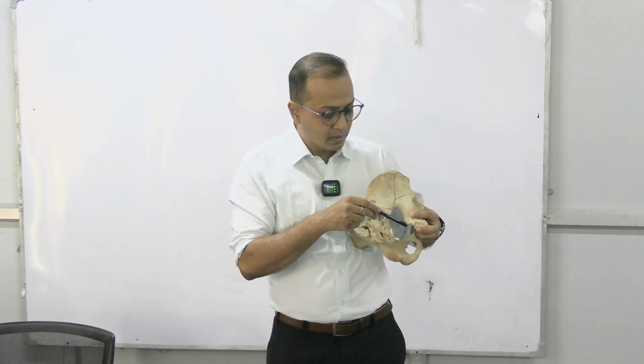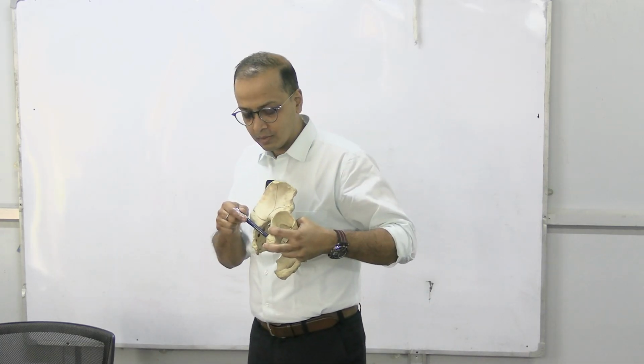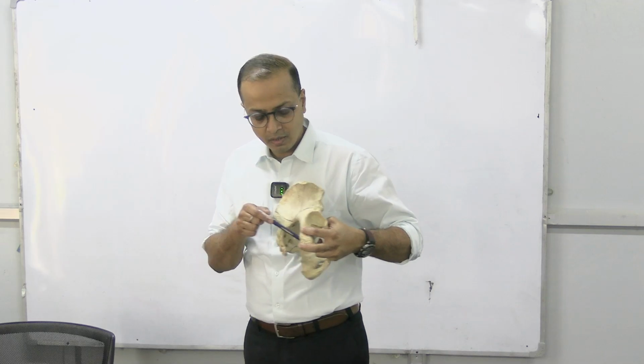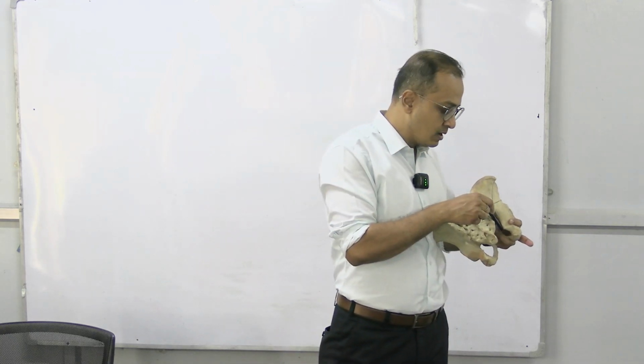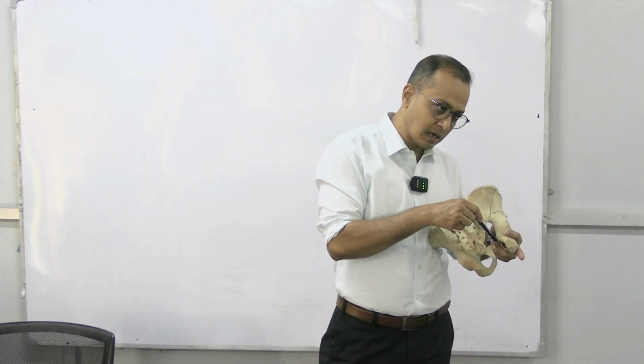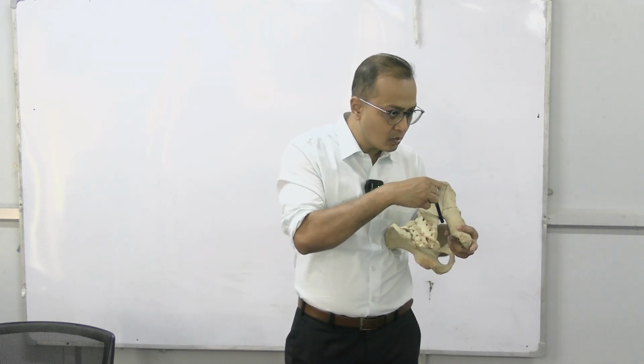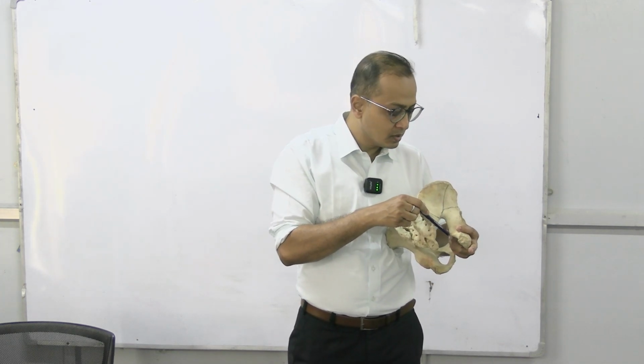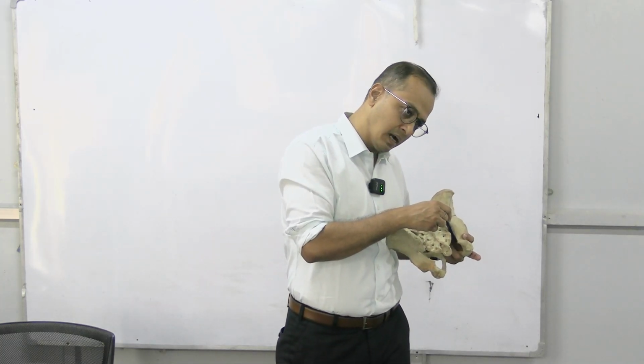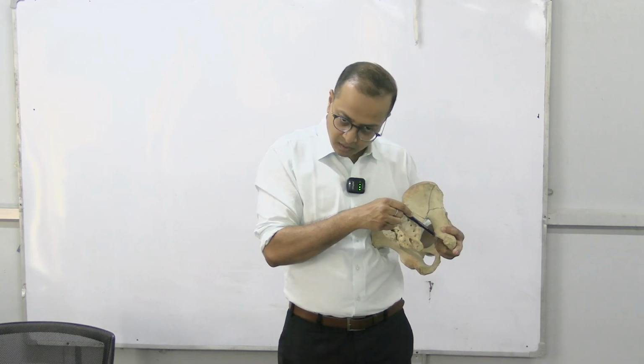You see this ligament which I am placing right now, coming from the sacrum and ending on the spine. We call that the sacrospinous. What it is doing is converting this greater notch into a foramen.